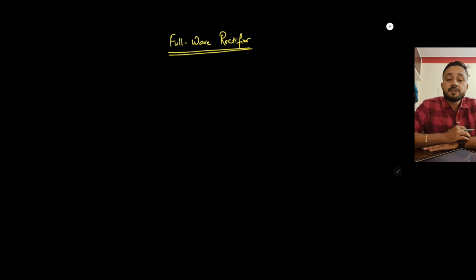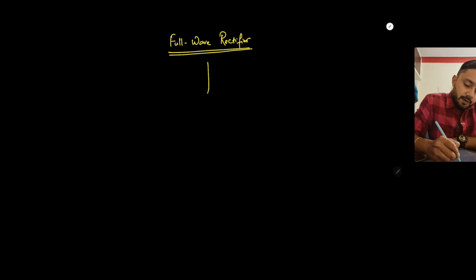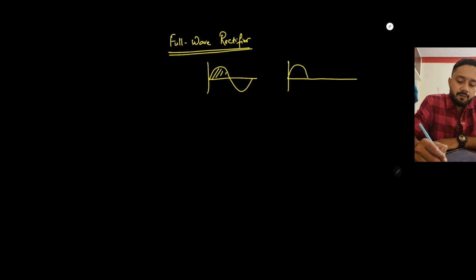Okay, so now I will start with the full wave rectifier. In the half wave rectifier, we saw that when the input voltage was positive, we got the same voltage at the output. When the input voltage was negative, the output voltage was 0. Again, when the input voltage is positive, it was like this.